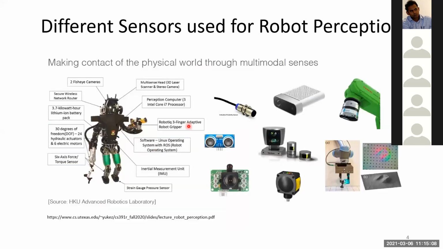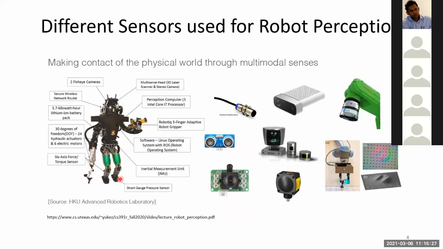So you can see a robot similar to a human here. If you analyze this robot, you can see there are different parts in it. It has a Core i7 processor, a battery pack, and some actuators.